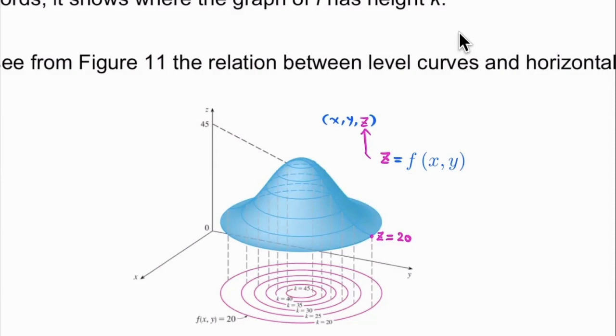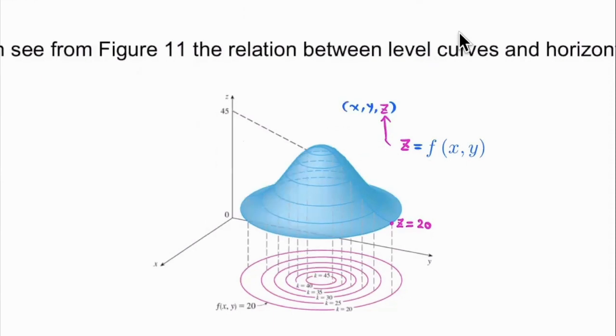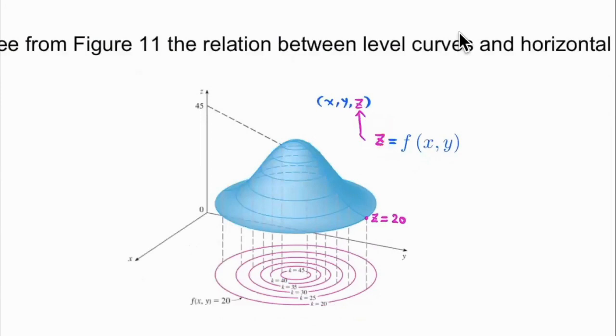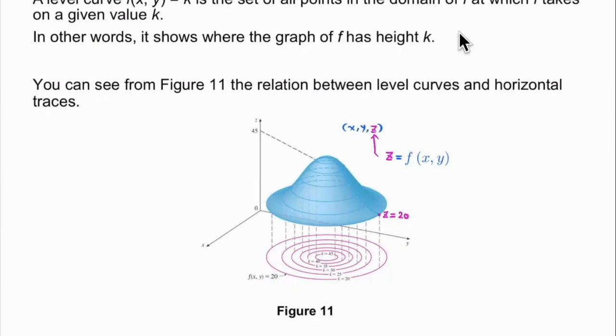So you can get different level curves by setting z to be different constants. Letting z be different constants k, say k equal 20, 25, 45, we get different level curves.